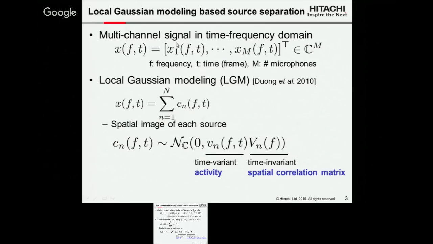This is a multi-channel signal. This spatial image is modeled by a single zero-mean Gaussian with a covariance. This covariance is factored into an activity scalar and a spatial correlation matrix.